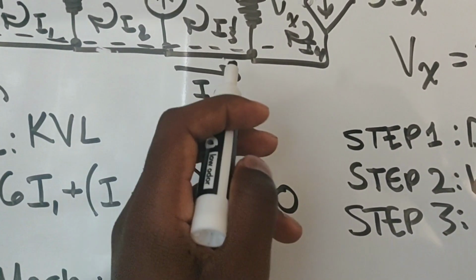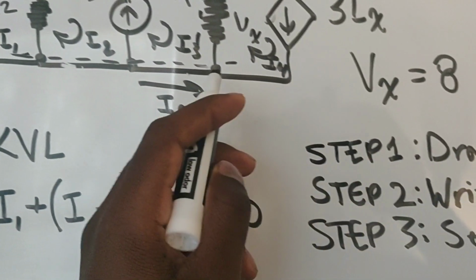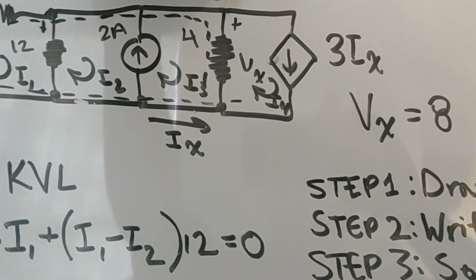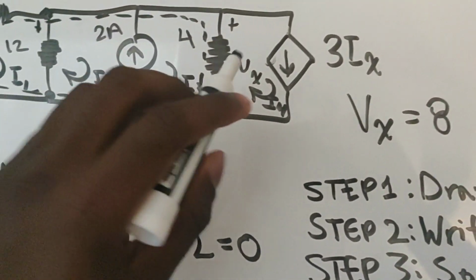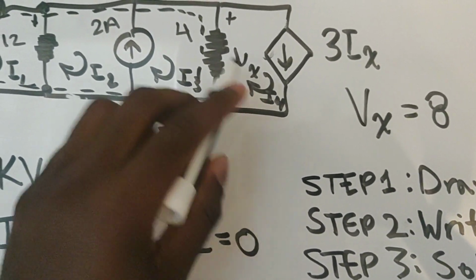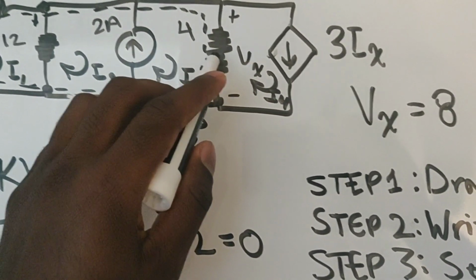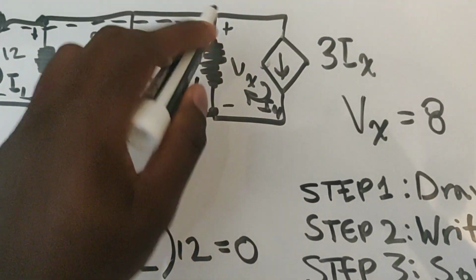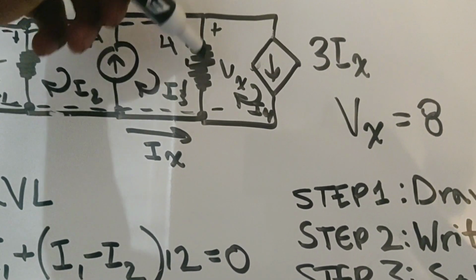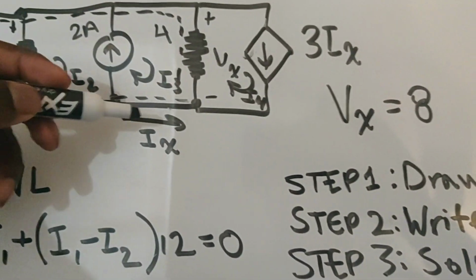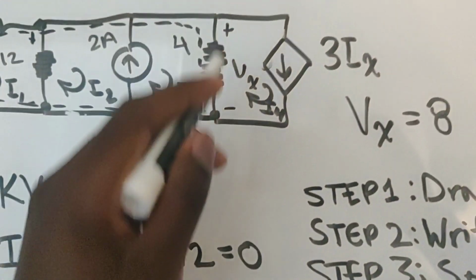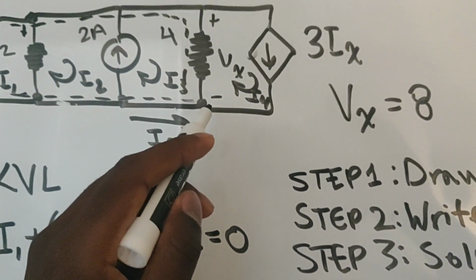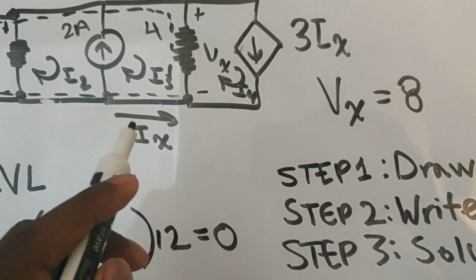I'll explain it very quickly, but I'm not going to do all the work. So we have Ix coming in this way, we have 3Ix coming in this way, and we also have a current coming in this way. We know what the Vx is, right? Vx is 8, and we know the resistance across this resistor, which is 4 ohms. So the current coming through this branch is going to be 2 amps, right? So we can do a KCL and solve to find Ix.